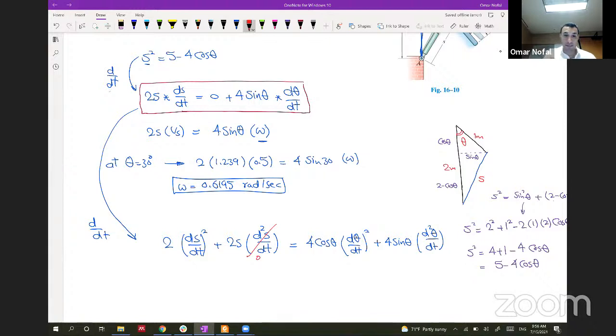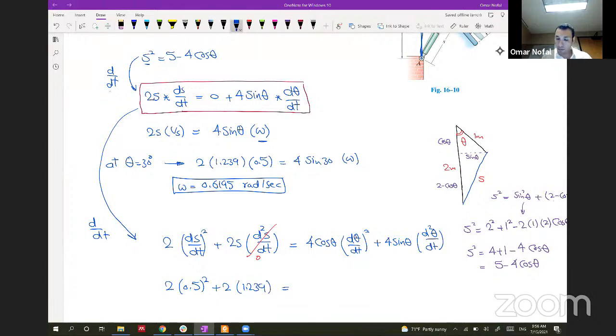And what else we have? So let's put numbers. So we'll have 2 multiplied by vs squared, which is 0.5, plus 2 multiplied by s at theta equals 30 degrees, so it will be 1.239.